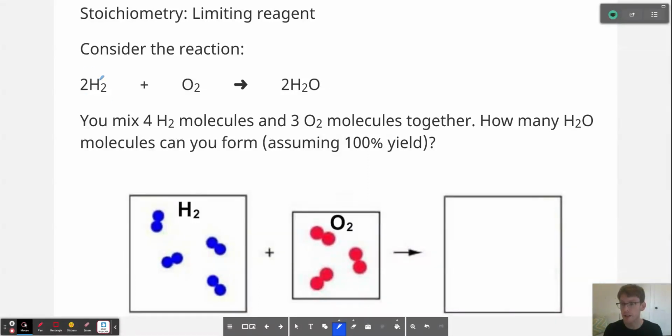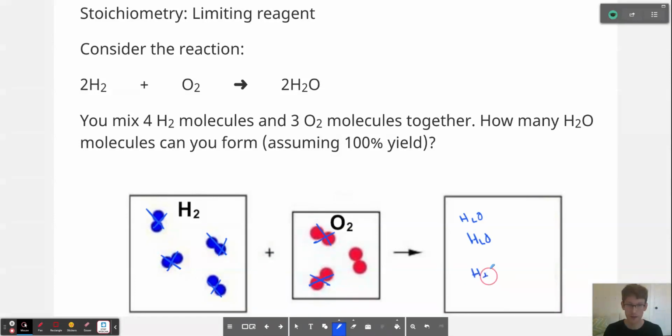If we need 2 H2s, then I can take an H2 and another H2 and get them to react with one O2 here, and we'll get 2 H2Os, which I'll just write as H2O and H2O. And then we also have 2 more H2s reacting with 1 more O2.